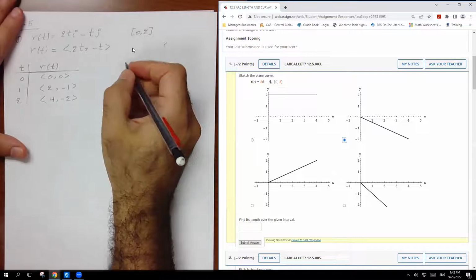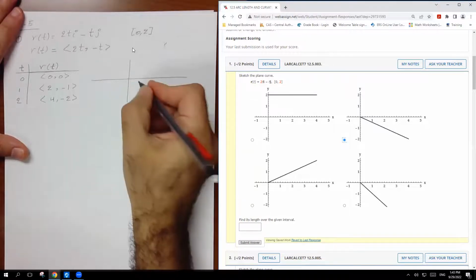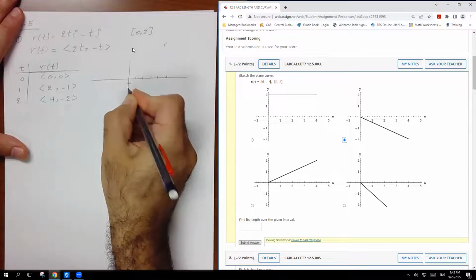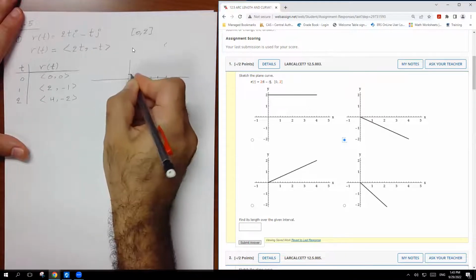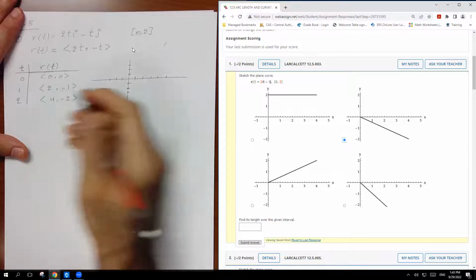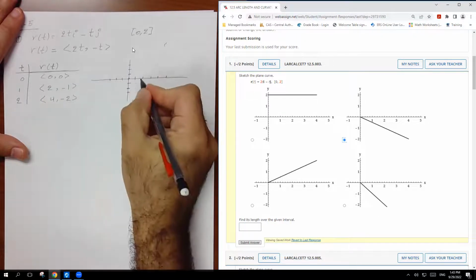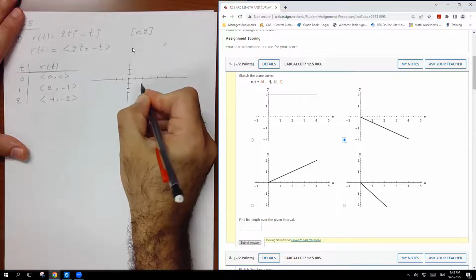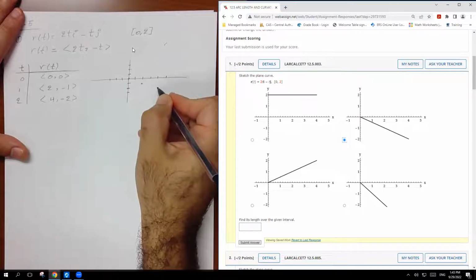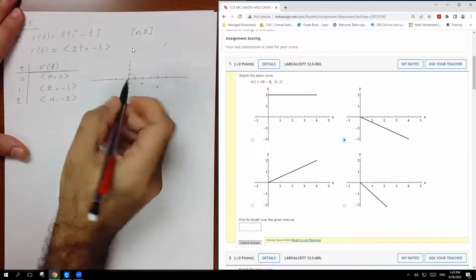Now, if you want to graph this, just a simple graph, 1, 2, 3, 4, 5. The first point is 0, 0. The second point is 2, negative 1. And 4, negative 2. That means we have this line.